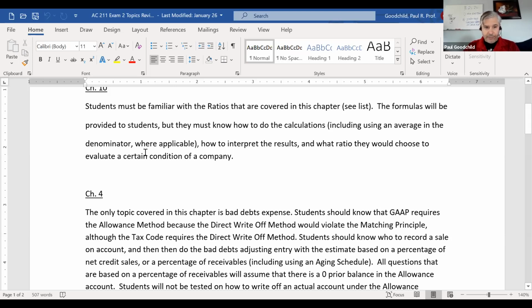And then using an average in the denominator where applicable.